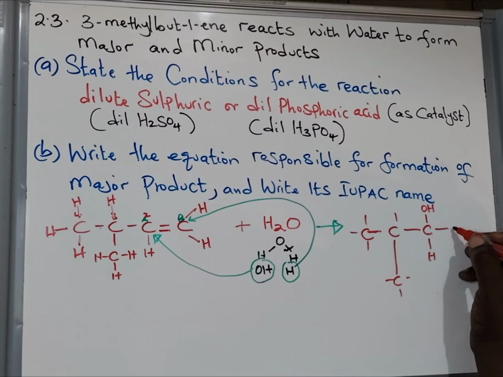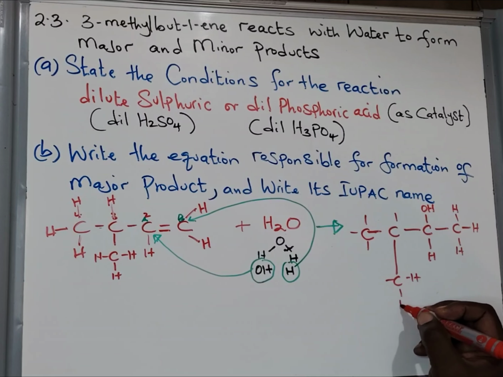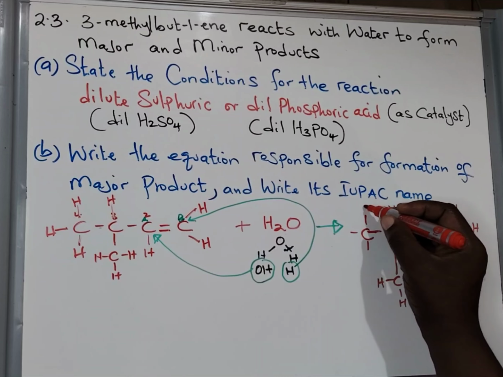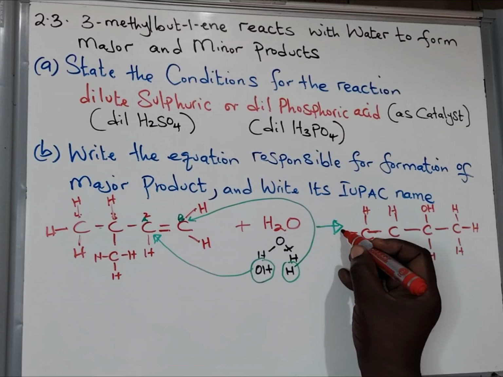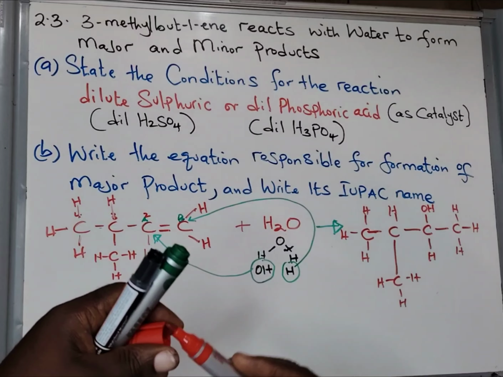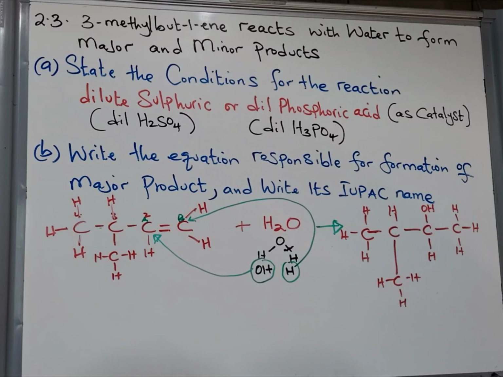What you have here is a C with a 3H. So there we are. This is the structural formula of the major product.